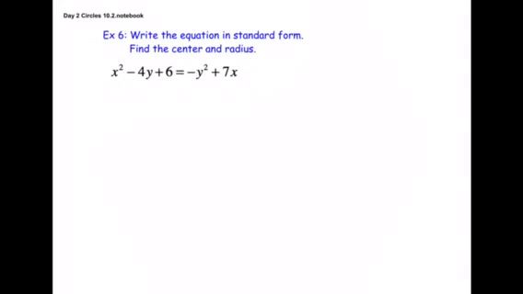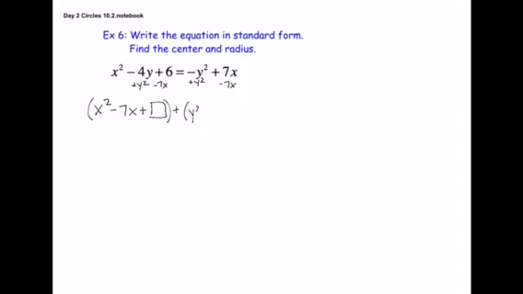Example number 6, write the equation in standard form, find the center and the radius. So our equation is a little mixed up. We need to make sure we get all of our x's next to each other, all of our y's next to each other, and our constants on the right-hand side. So if we add y squared, and if we subtract 7x, that will give us x squared minus 7x plus box.